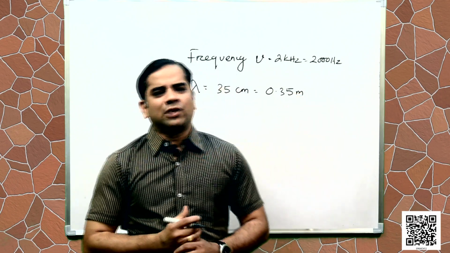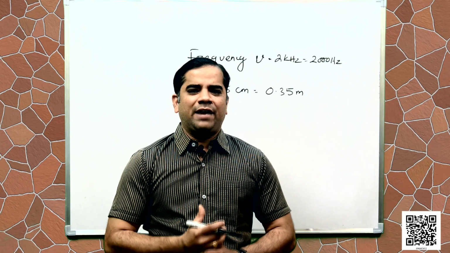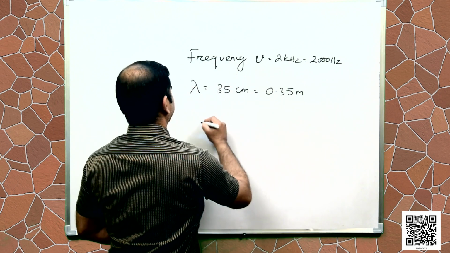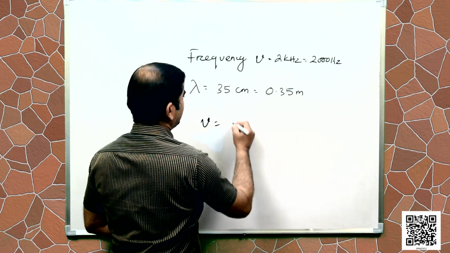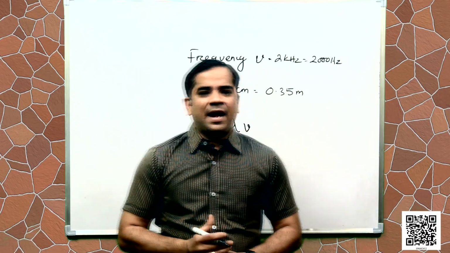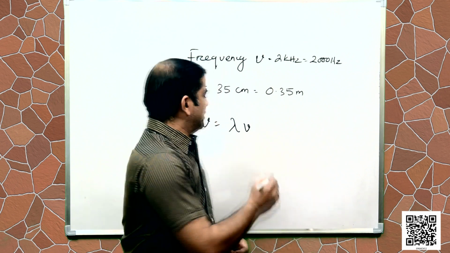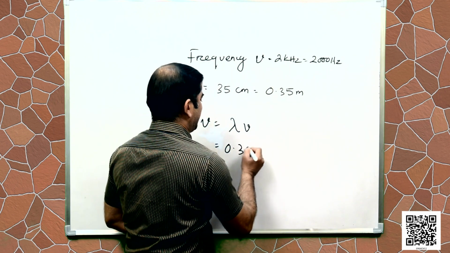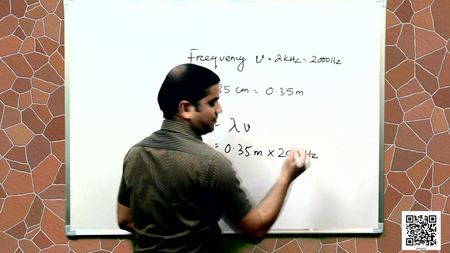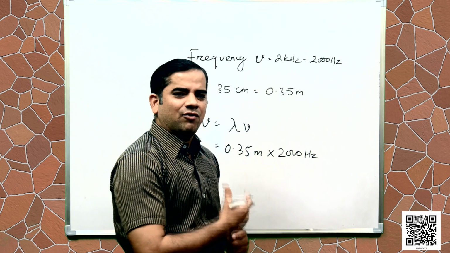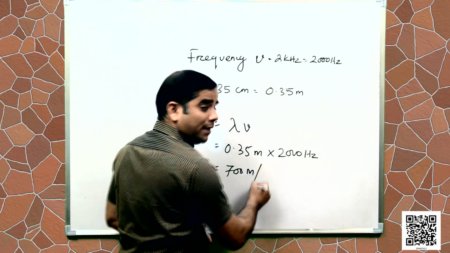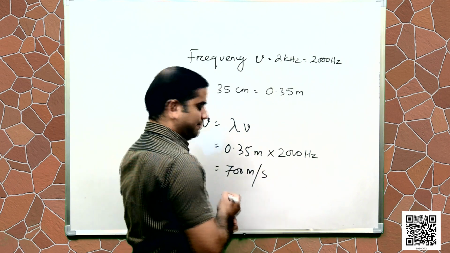We know that speed of the wave is equal to wavelength into frequency. So, v is equal to 0.35 meter into 2000 Hz, and when we calculate, it will come up to 700 meter per second, because it is speed.